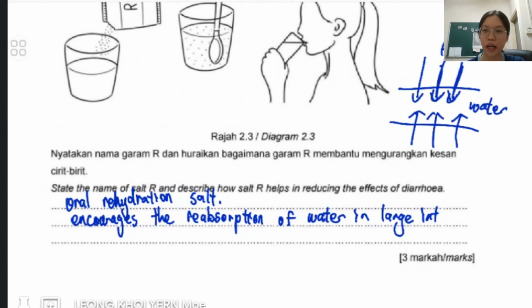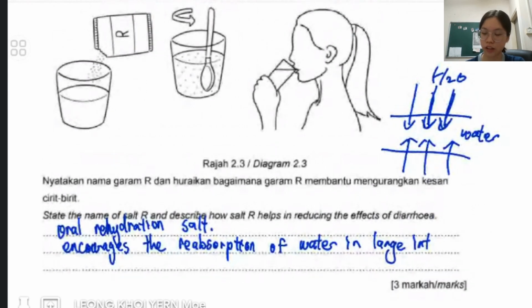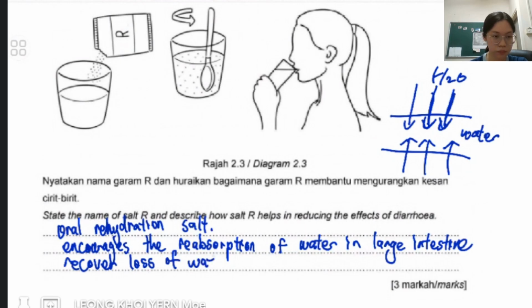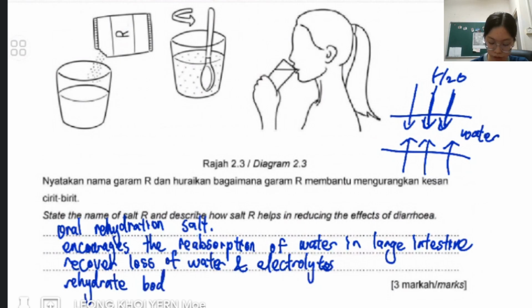So you know you are experiencing dehydration. You need to recover the water and electrolyte loss, to rehydrate the body and avoid dehydration.